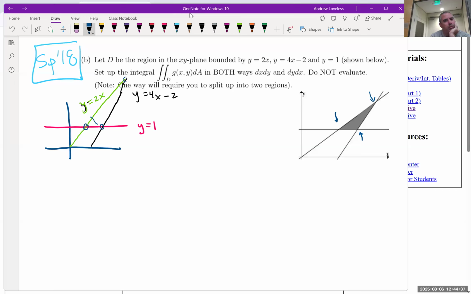And then you'd have to decide whether we're going to do it in terms of x or in terms of y. I think before I'd even start, I would find all these intersections. This is x is 1/2.